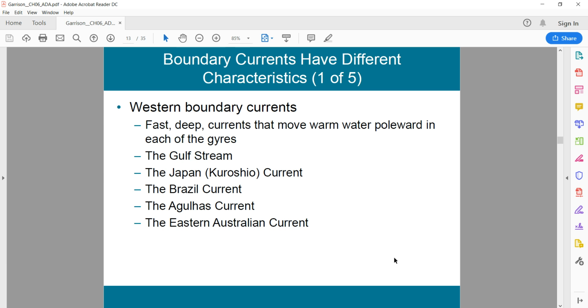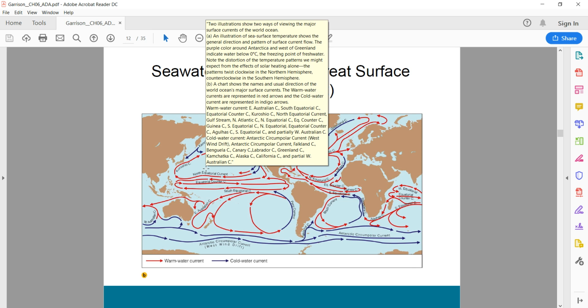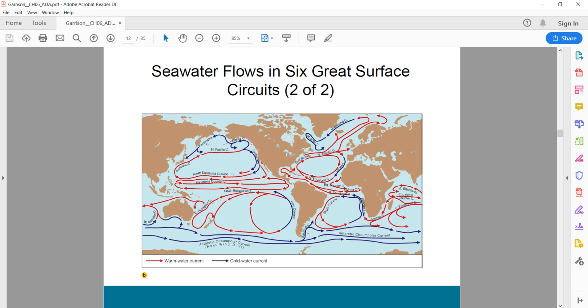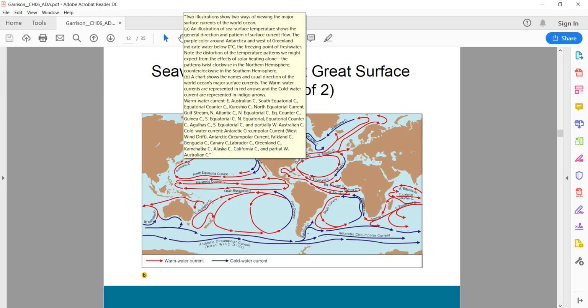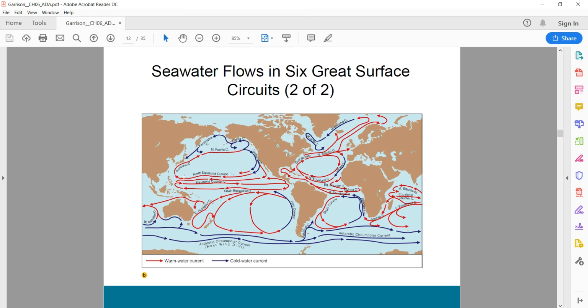Western boundary currents, fast. Another important factor that I want to mention here is the western boundary and the eastern boundary current. Just remember this sense of direction here. We are looking at the ocean basin. So this California current is considered the eastern current, and the Kuroshio current is considered a western current.